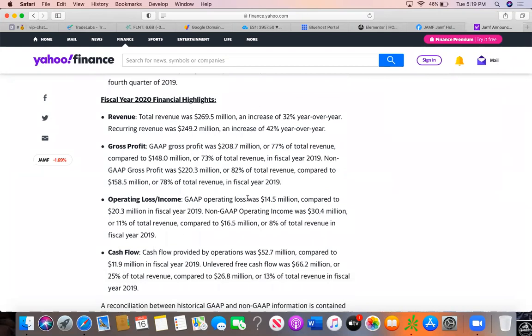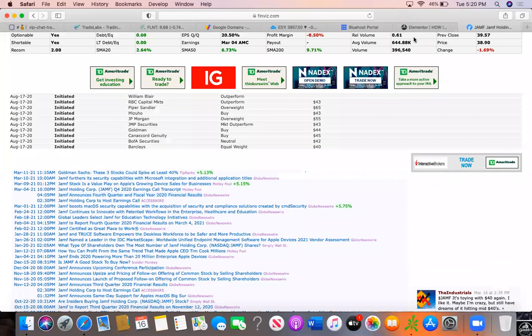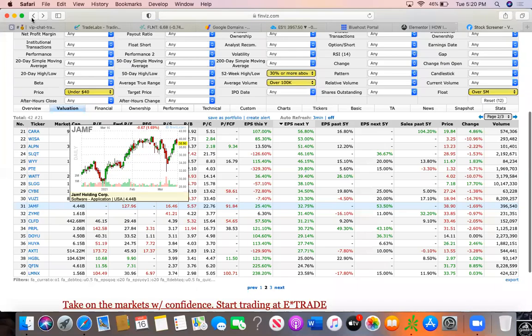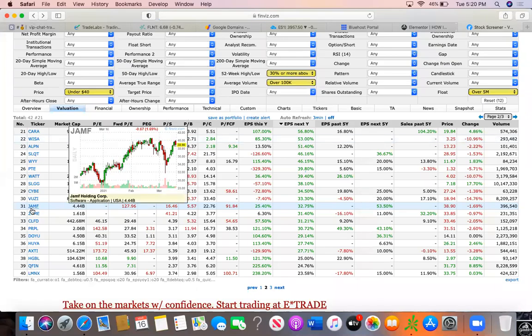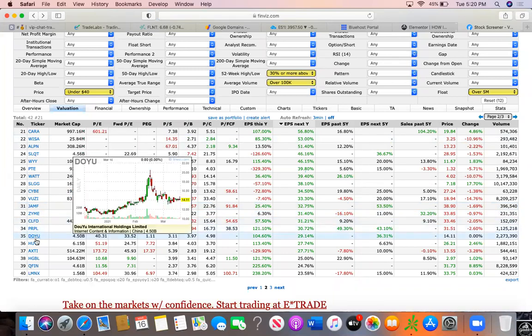Kind of want to see growth on both ends. See, now they're showing a loss here and then a net income. Let's see, I'm actually going to skip this one. Hold on. I'm just trying to find some good names that are very easy to understand for everyone.